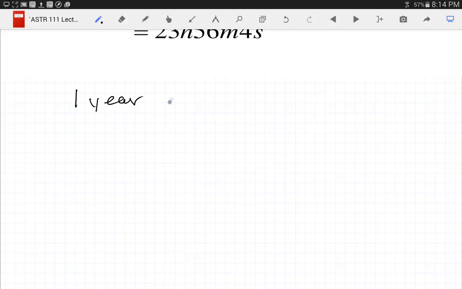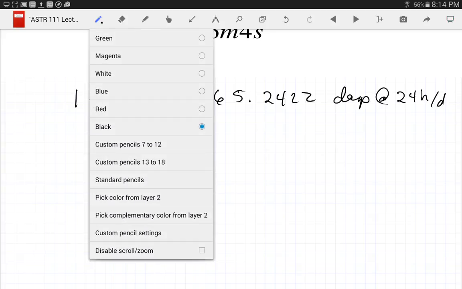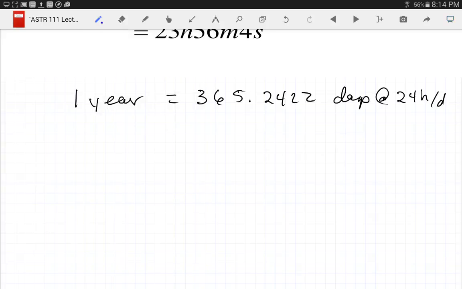and I'm going to write down right now, 1 year is equal to currently 365.2422 days at 24 hours per day. Right? That's what 1 year is right now. But according to that homework problem, it says, what if the rotation of the Earth slows down so that a day just gets longer?